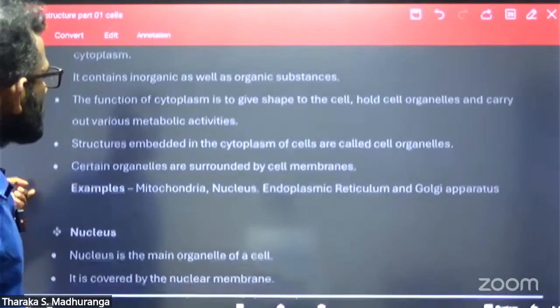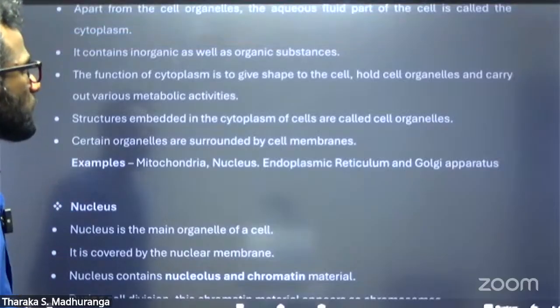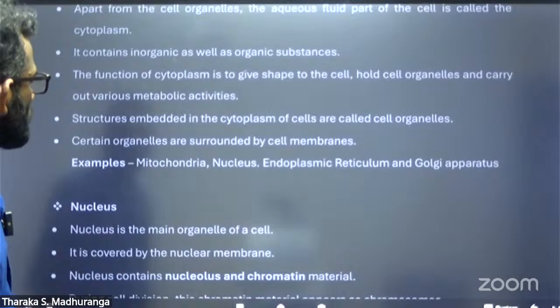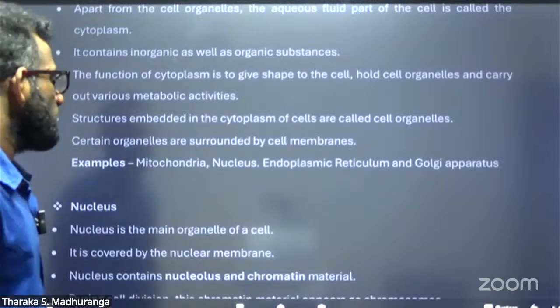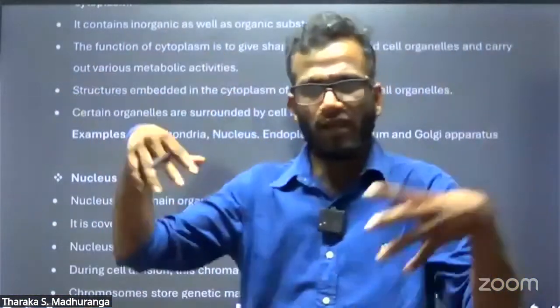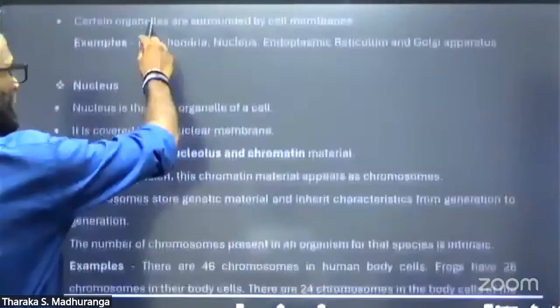The structures embedded in the cytoplasm of the cells are called organelles. Yeah, they are simple things. Certain organelles are surrounded by a membrane, but not all. All the organelles are in the cytoplasm.